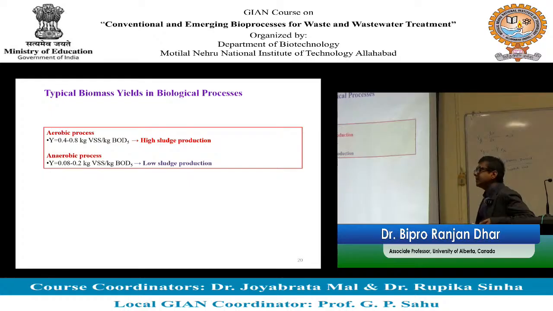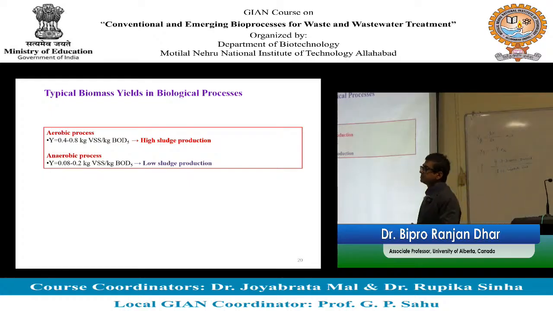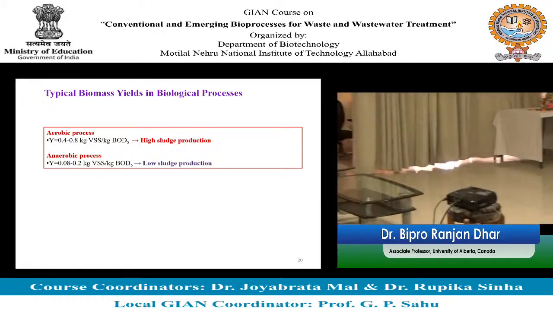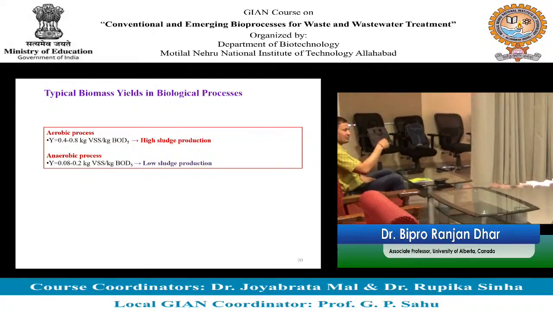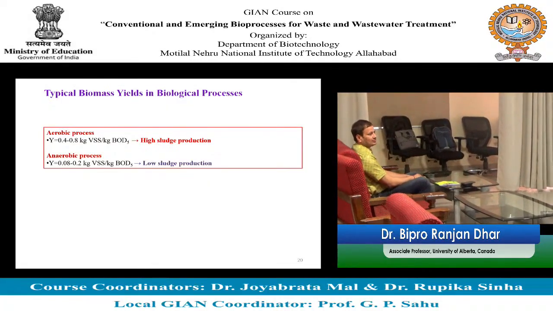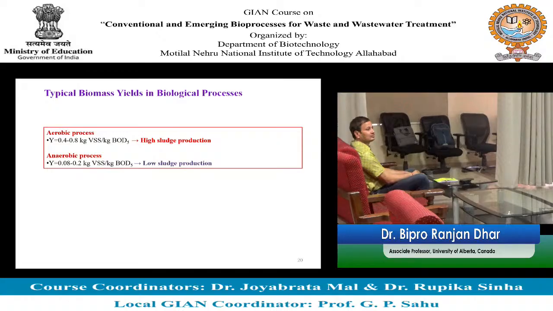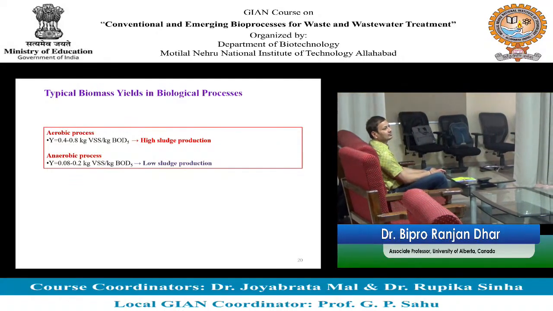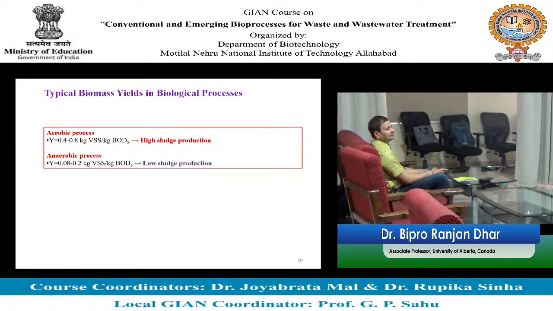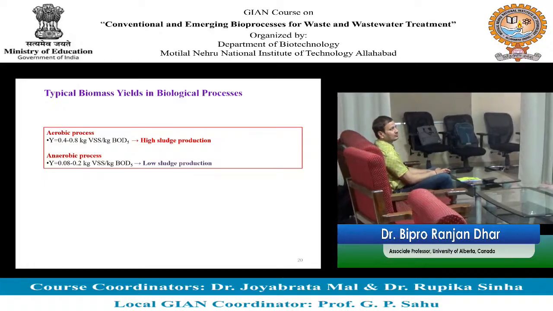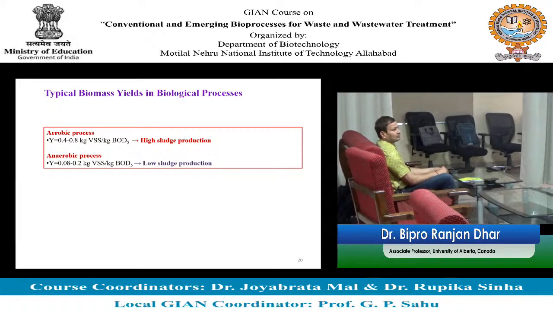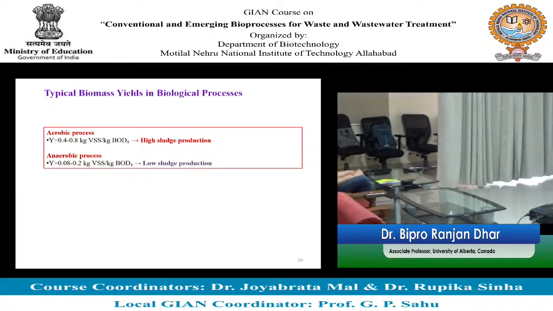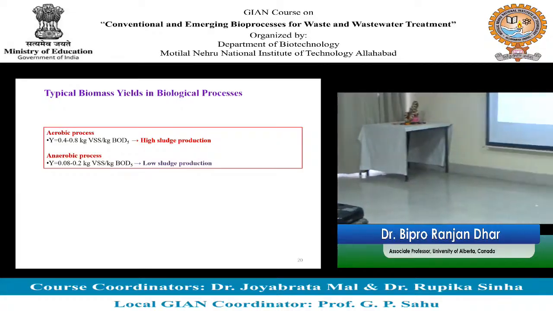Why are we focusing so much on VSS? We have to maintain a certain biomass concentration in the system because microbes are the key, right? So I have to know how much biomass I have in the system. From a design perspective, if I am an operator, what do I have to do?